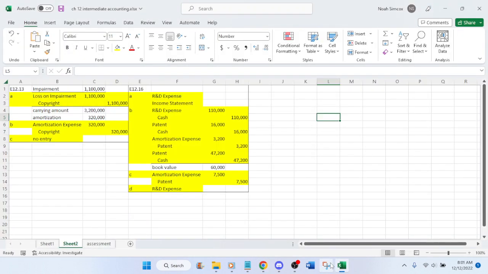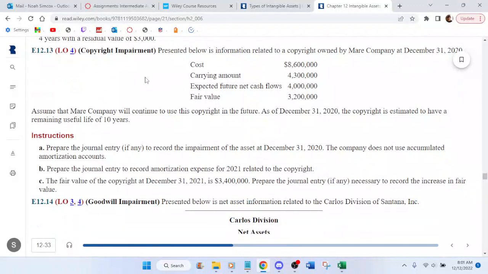Good. B, journal entry to record amortization expense for 2021. Your carrying amount is 3.2 million now, or at least it was at the end of 2020. It has a remaining useful life of 10 years. So divide it by 10.